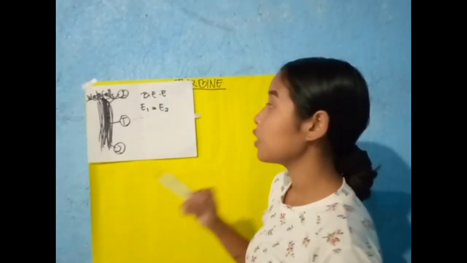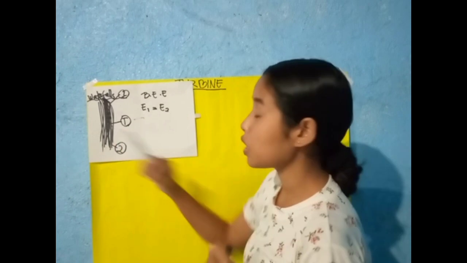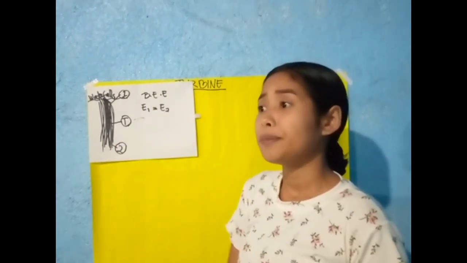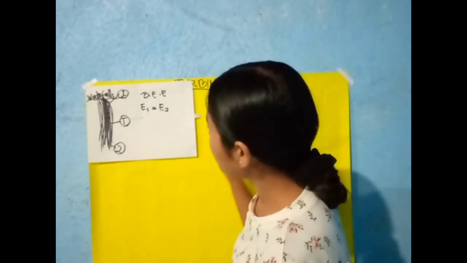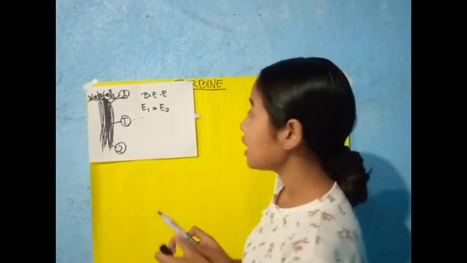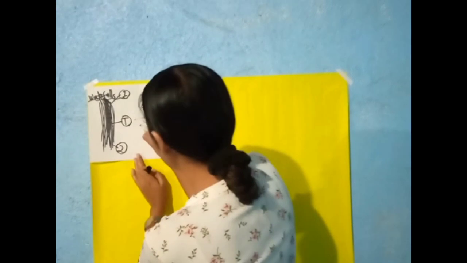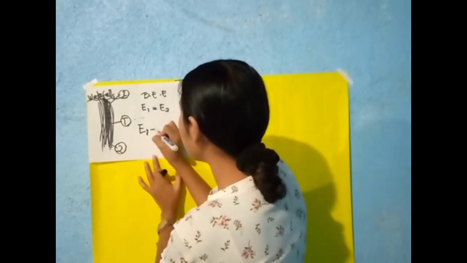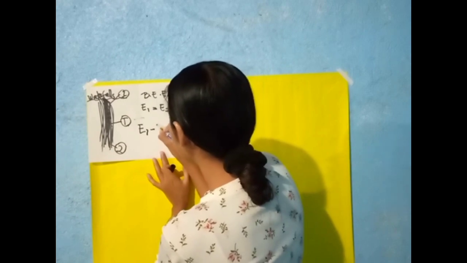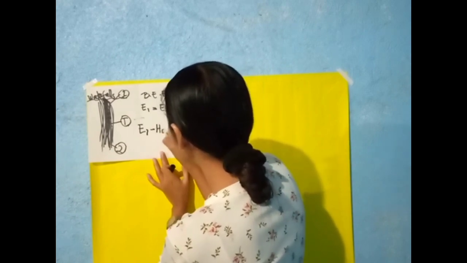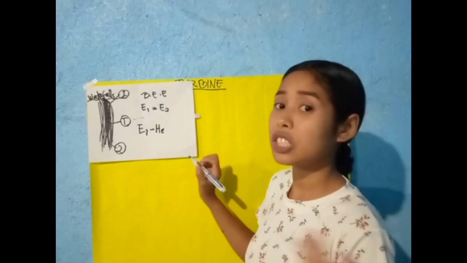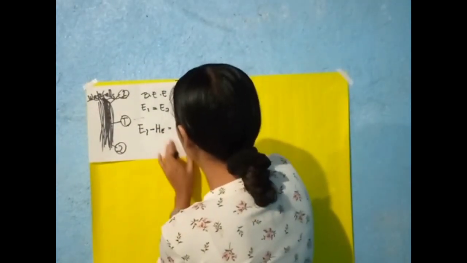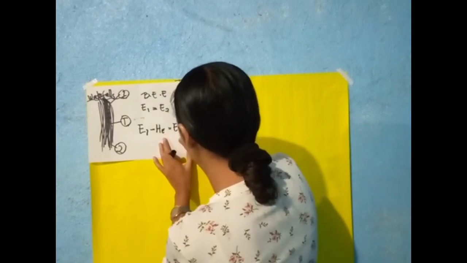Kumbaga, nahigop niya yung ibang energy coming from our waterfall. So, nabawasan yung ating energy dyan. And our equation will be energy in point 1 minus the energy head extracted. Ibig sabihin, yung energy na nawala galing sa point 1 is equal to energy in point 2.